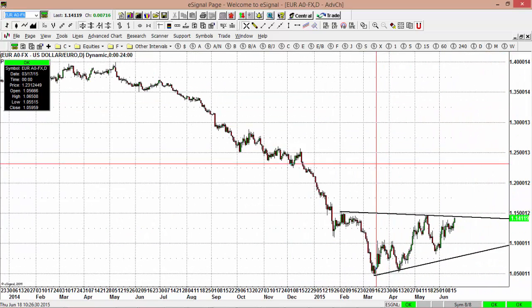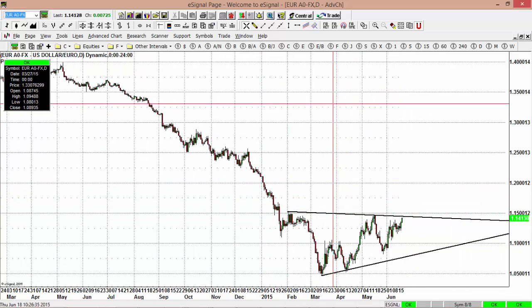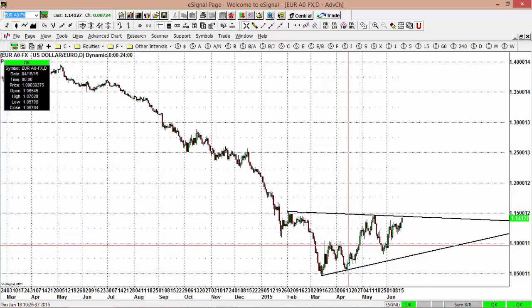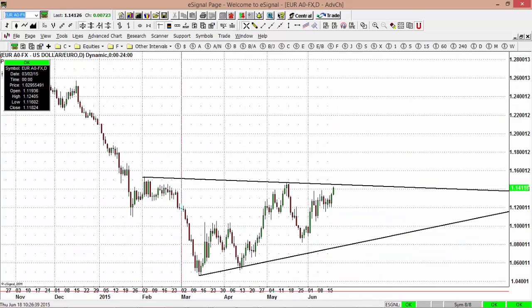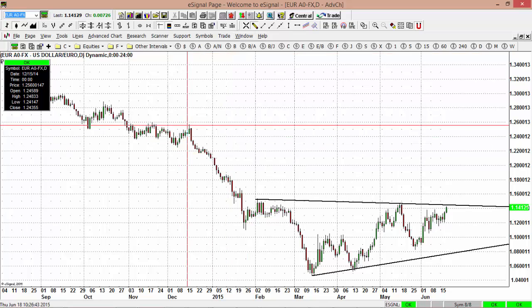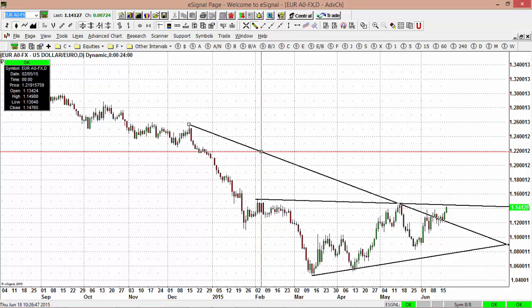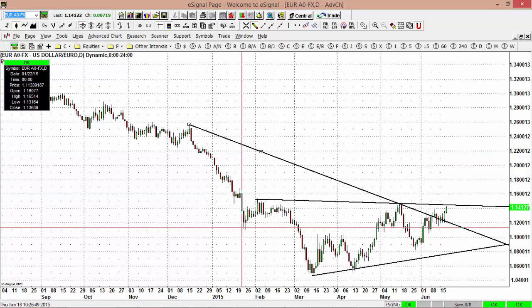On the daily picture, we see we're still in this consolidation pattern that you can see here. If we redraw the old trend line, we can see that the downside momentum in the euro has definitely dissipated because we have broken that downtrend line.